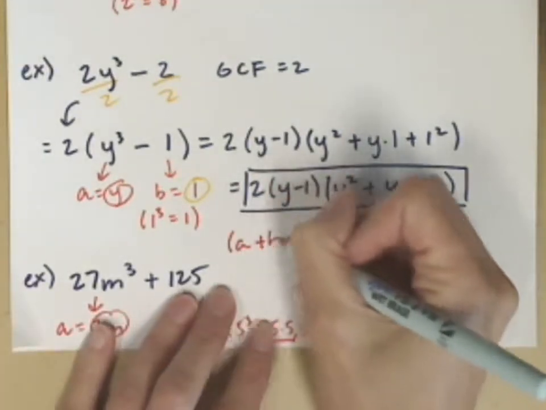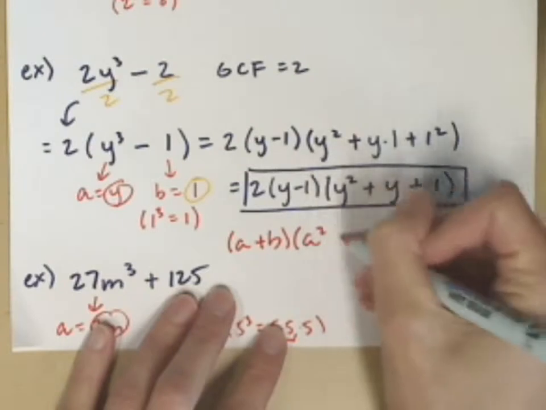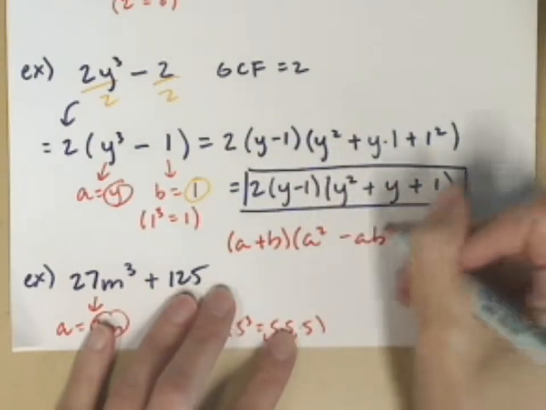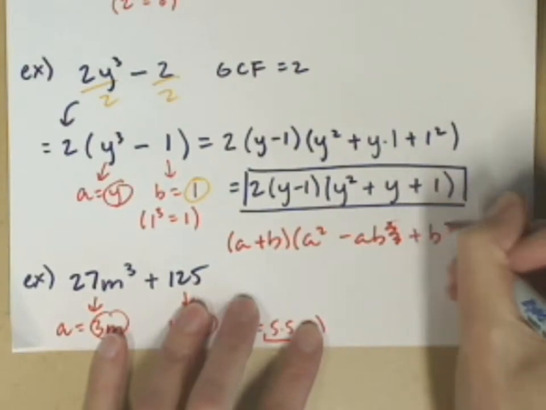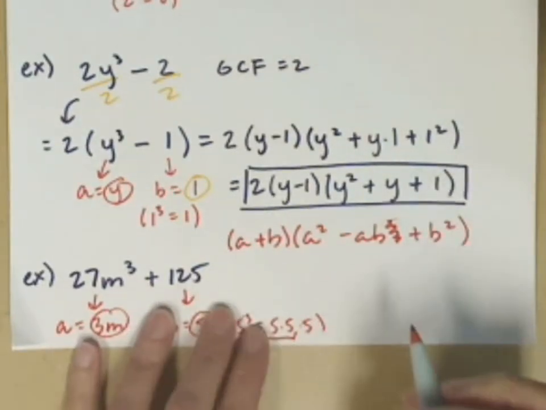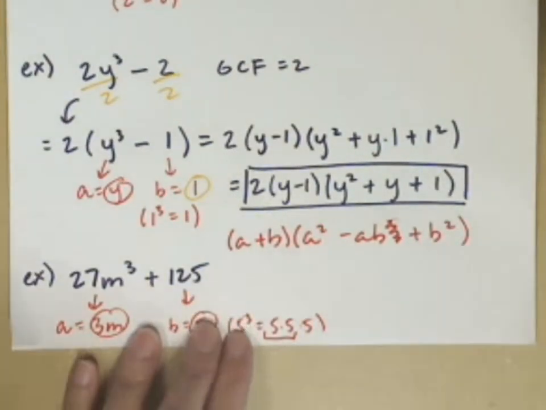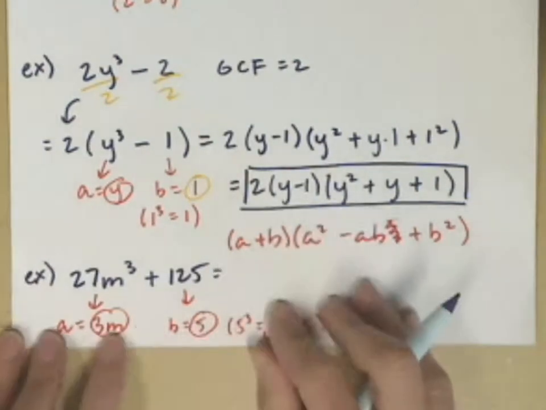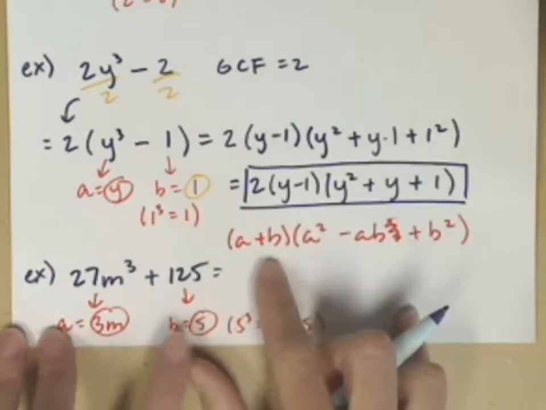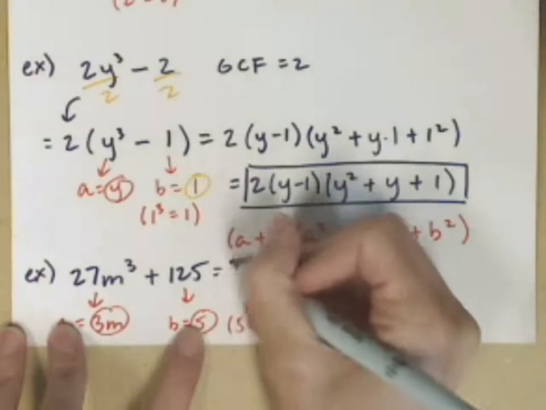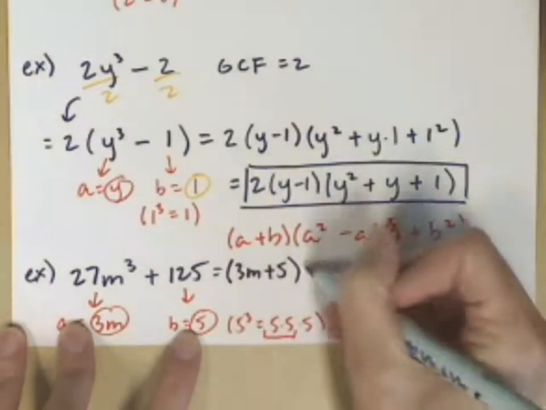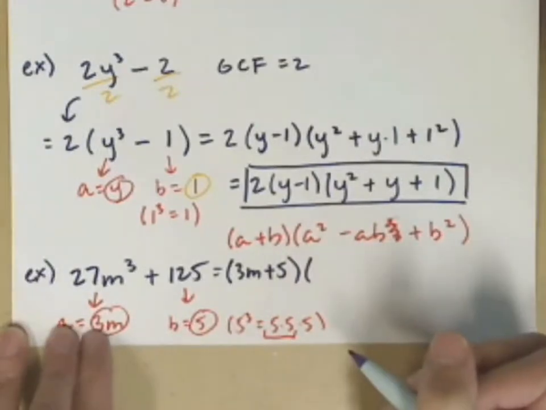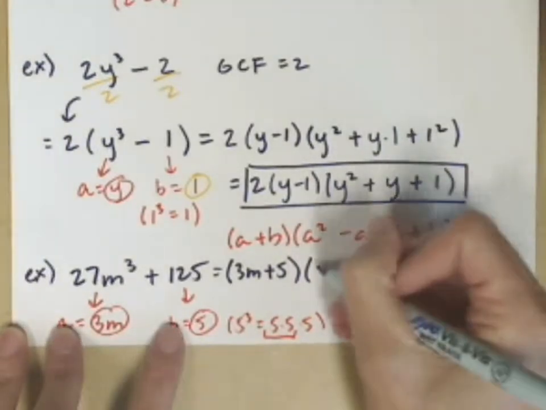It's a plus b, a squared minus ab, and then plus b squared. So as I fill everything in here, I'm going to replace a with 3m and b with 5. So it's 3m plus 5, a plus b, and then a squared, so it's the entire quantity, 3m squared.